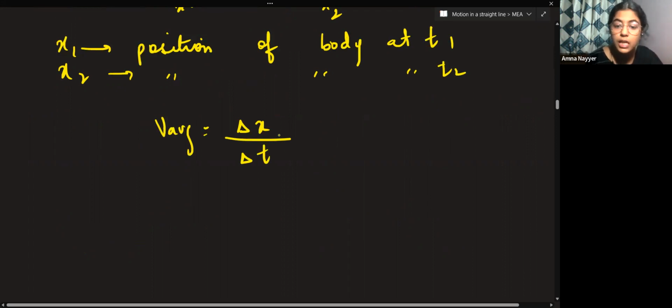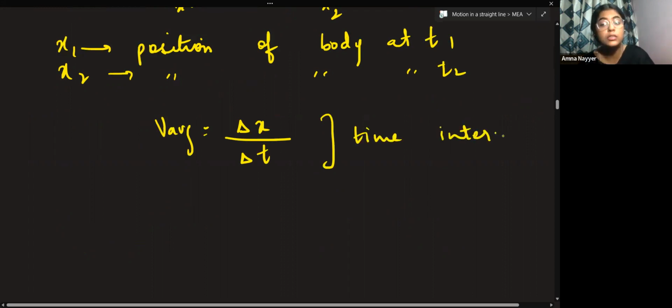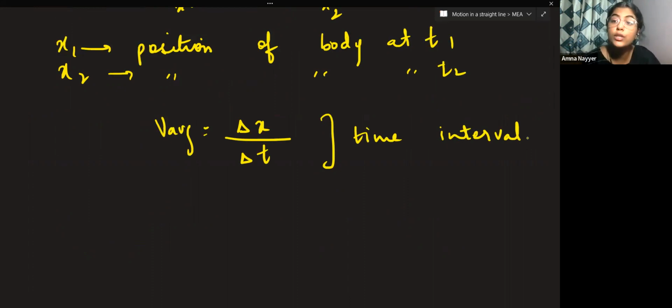This is valid if the time interval is given, because in questions you will be given things for calculation of distance over a time interval. So you should know what is meant by time interval and what is meant by time instant. If you have a time interval, you can calculate the change in distance divided by change in time. That gives you average speed for a specific time interval.